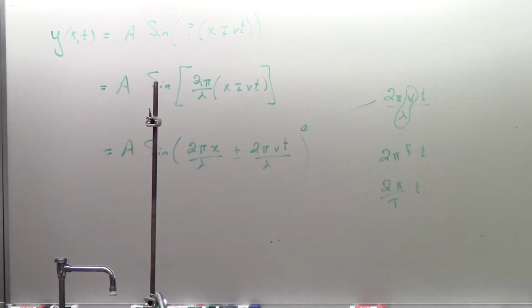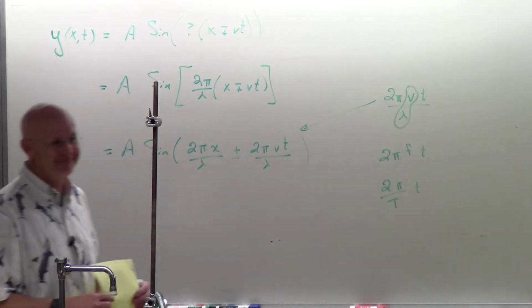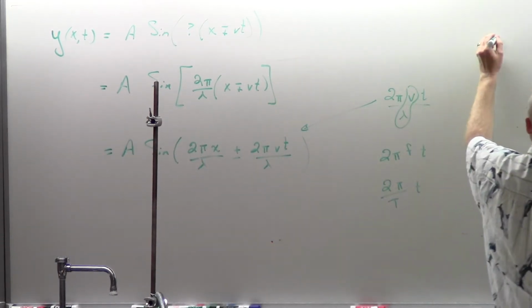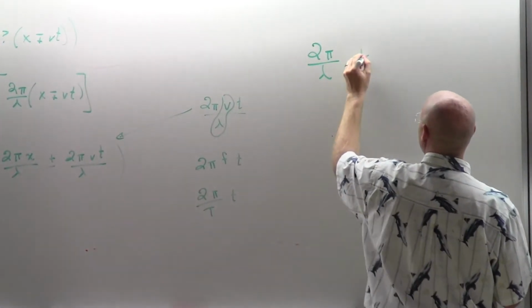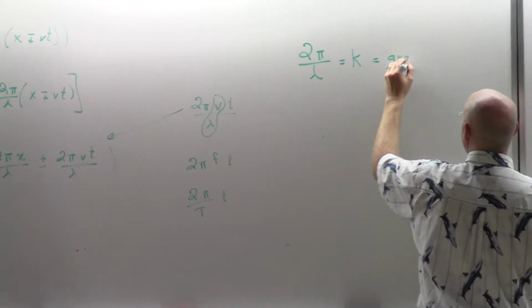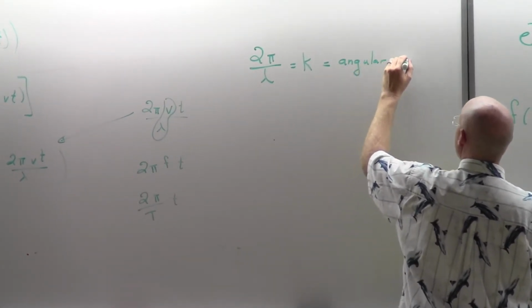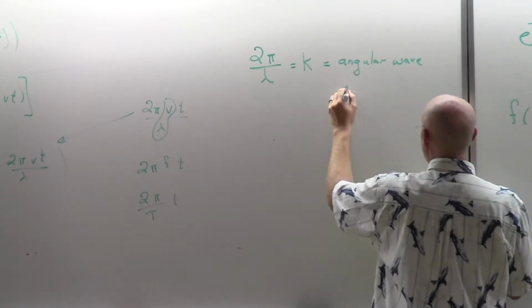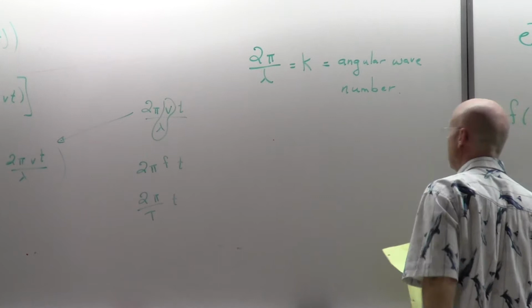And in fact, we use it so often, we give it its own symbol and its own name. And so 2 pi over lambda, we give the symbol k. And as the equation kind of implies here, this would be its angular wave number.